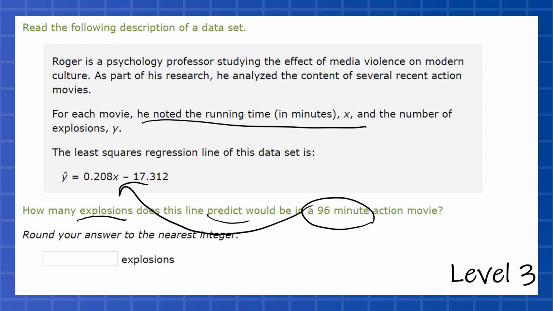That should tell me how many explosions to expect. It says round to the nearest integer again, so I get 3 explosions in that type of movie.